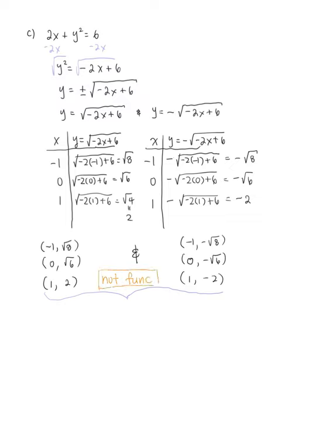And now let's look at the graph of 2x plus y squared equals 6. Okay, so this is the graph of, what was the equation again? 2x plus y squared equals 6, or y equals plus or minus the square root of negative 2x plus 6.